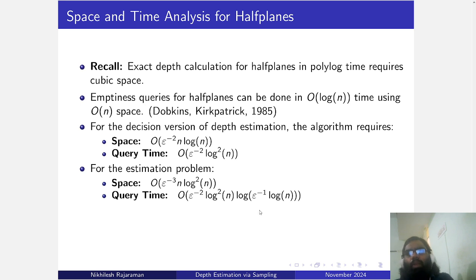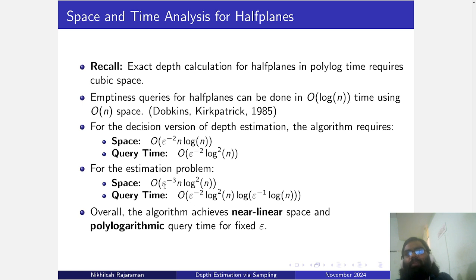So overall, if we look at these final expressions here, if we fix our value of epsilon, the space is like n times log squared n, which is very close to linear. It's essentially just a polylogarithmic factor above linear. And the query time is basically something like log squared n times log n. So this is some polylogarithmic query time.